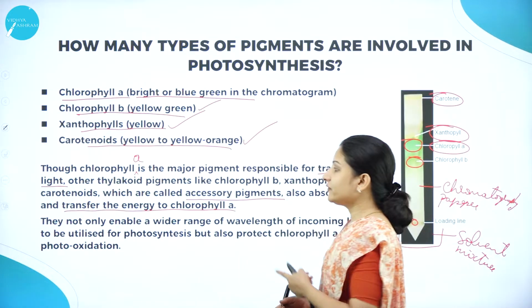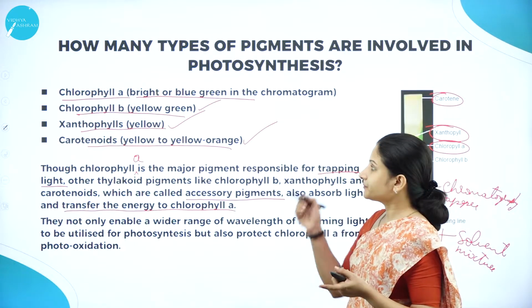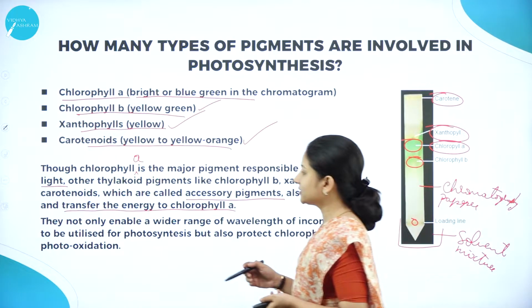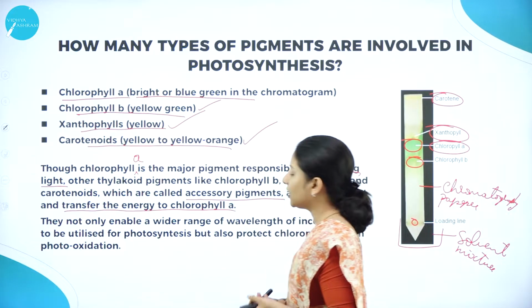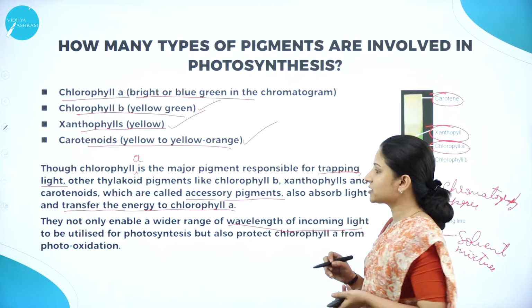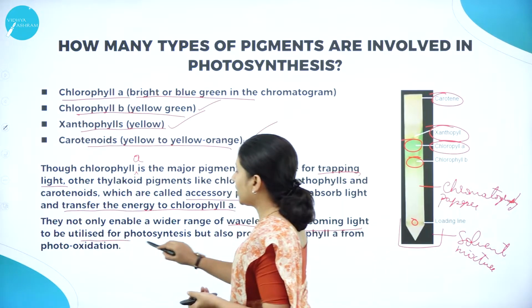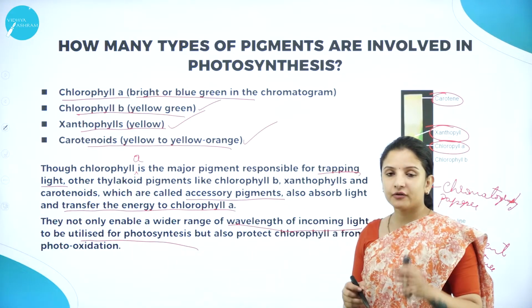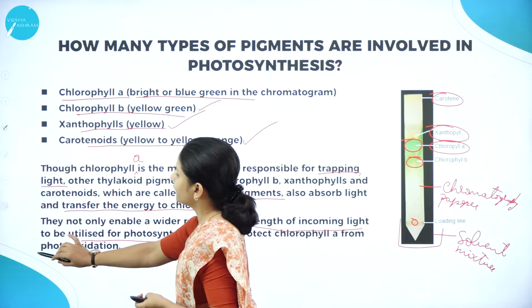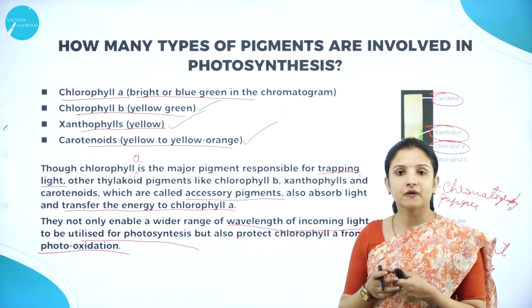And apart from this, the accessory pigments, the chlorophyll B, the xanthophylls and the carotenoids, not only enable a wider range of wavelengths of incoming light to be utilized for photosynthesis, but they also prevent the photooxidation of chlorophyll A. We know that chlorophyll A is capable of absorbing red light.